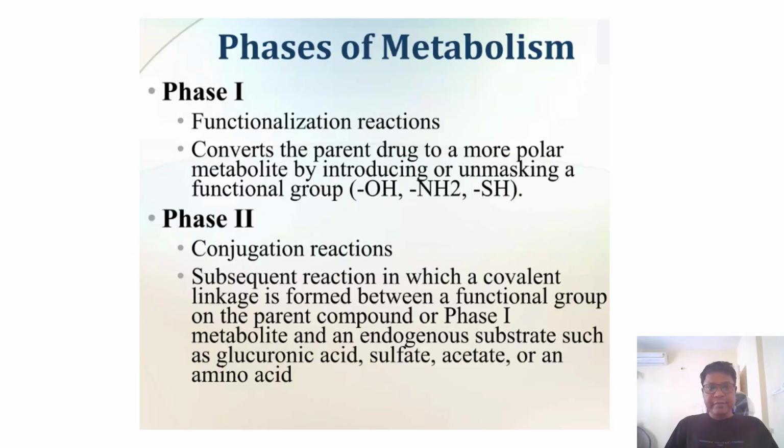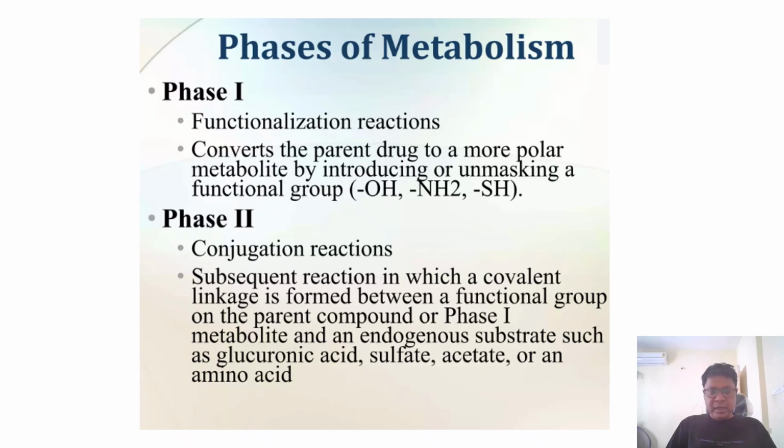There are two main phases of drug metabolism: phase one and phase two. In phase one drug metabolism, mostly functionalization reactions happen, converting the parent drug to a more polar metabolite by introducing or unmasking a functional group like hydroxyl, amine, or SH.